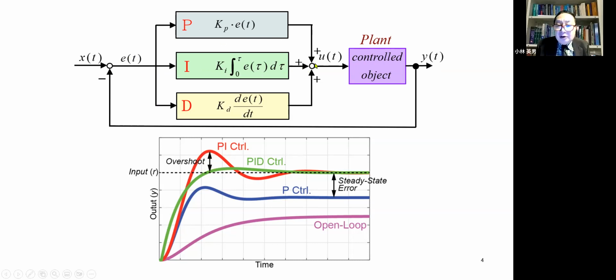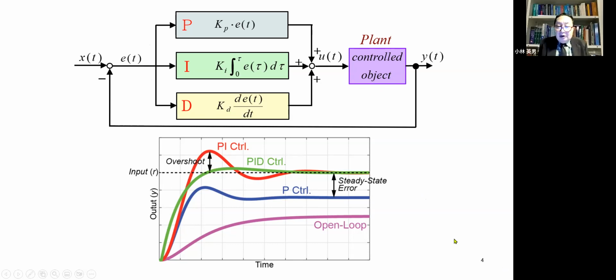Then the two come here, and then the object is controlled. When we use PID control, we use this flow and this flow at the same time. Then we can control the object.